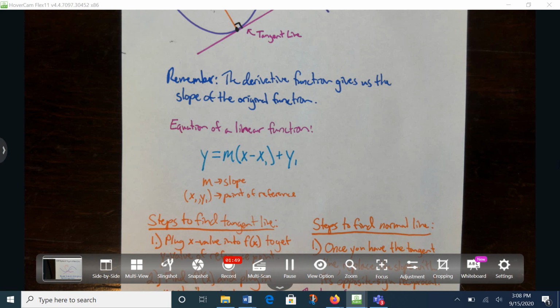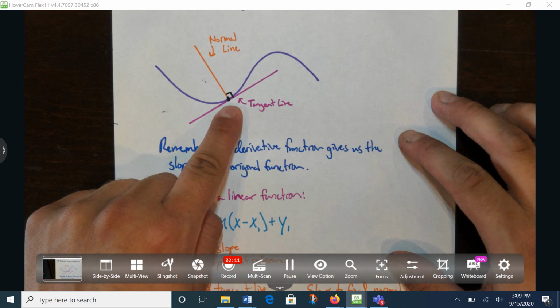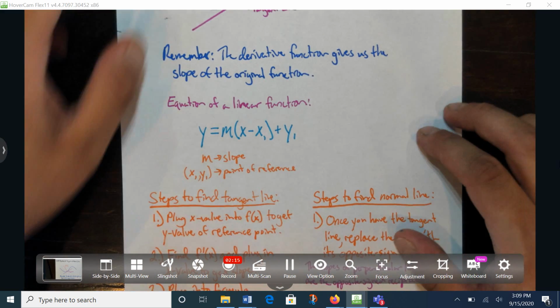So we have y equals m times x minus x1 plus y1, where m is our slope and x1, y1 is our point of reference. So the two things we need in order to fill out this equation are a slope and a point of reference. And that point of reference is actually going to be the point where the tangent line touches the curve.